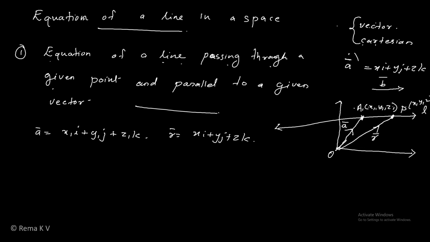Since L is parallel to B, it is given to us. So since this is parallel, they are collinear vectors. That means AP is a scalar multiple of vector B. We can write vector AP is equal to lambda vector B. Collinear vectors means scalar multiples.